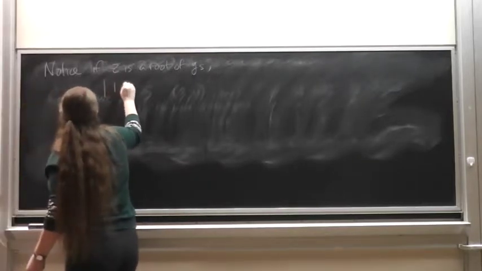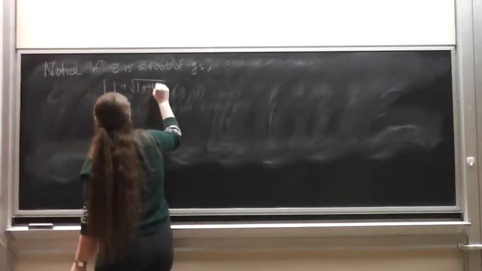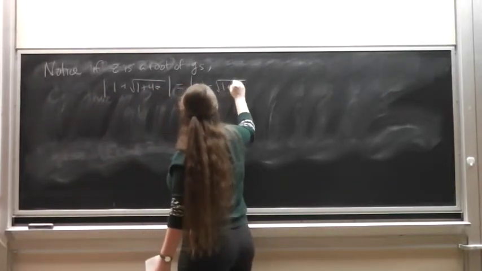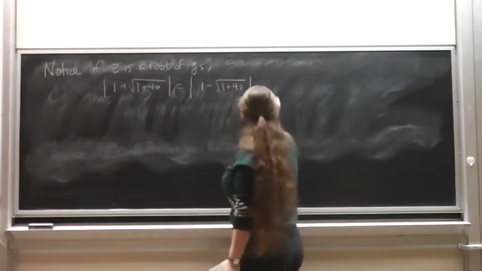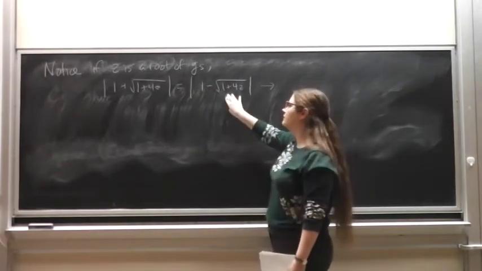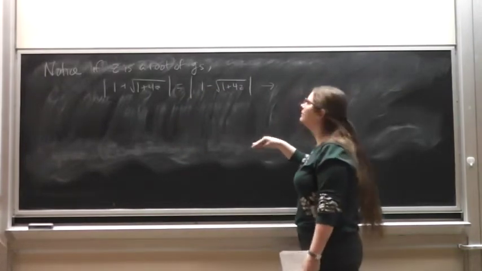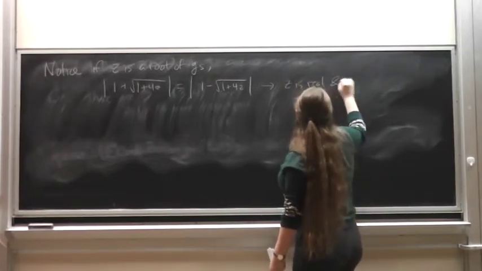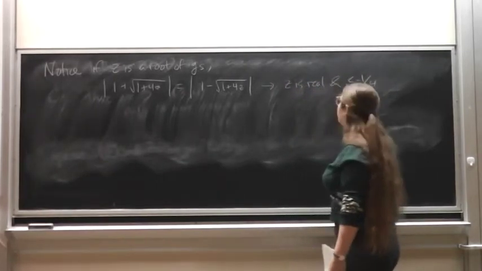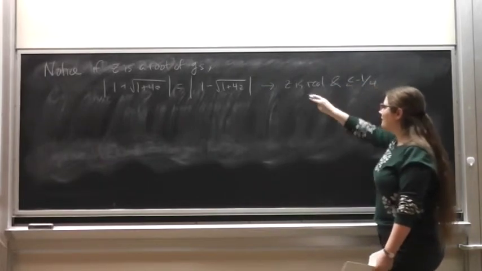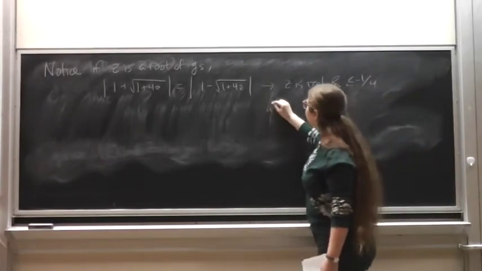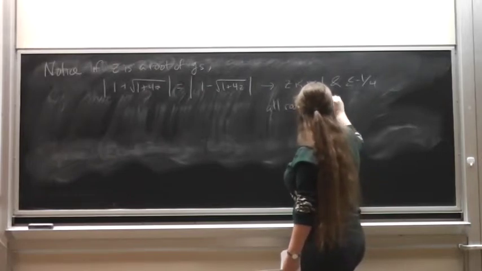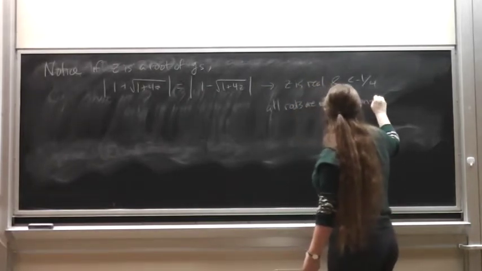So the absolute value of this would have to equal the absolute value of that. And that can only happen if this square root thing is a pure imaginary number. So it can only happen if Z is real and less than or equal to negative a quarter. And the important part of this sentence is that all roots are real and non-positive.